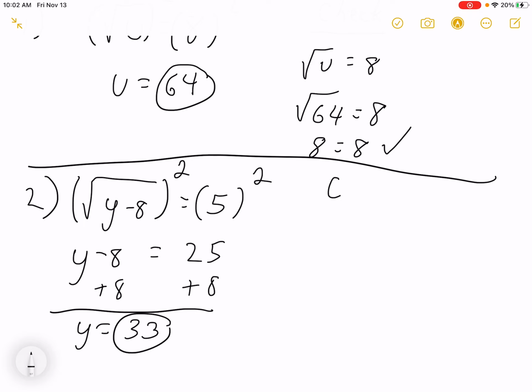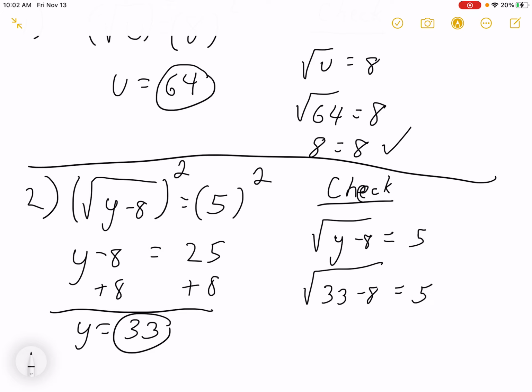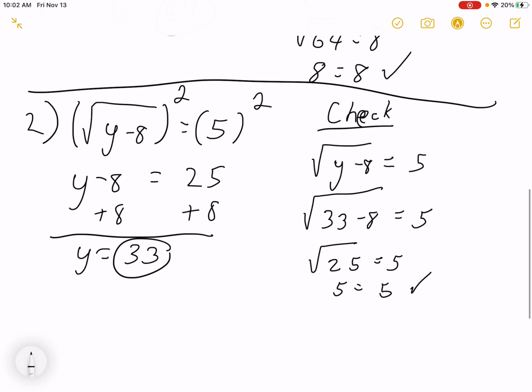Let's check. We have square root of y minus 8 equals 5, so we substitute 33 minus 8 equals 5. Square root of 25 equals 5. 5 equals 5, and it checks out. So 33 is valid. It's not extraneous.